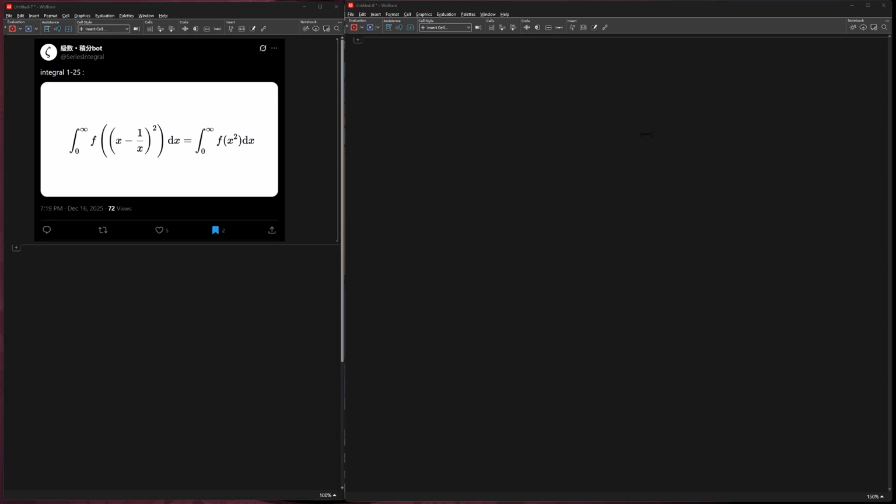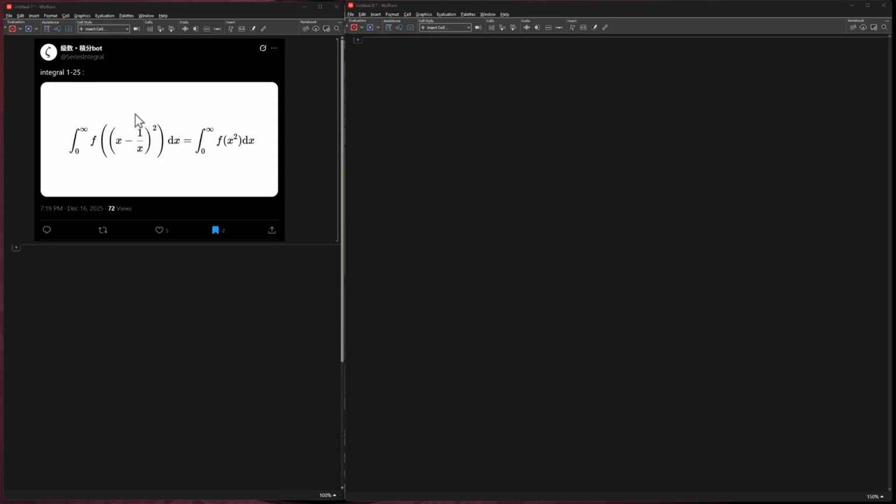Hello. I came up with a quite interesting integration transformation on Twitter, and I would like to show some of the steps and thoughts that would be useful for this type of conversion.